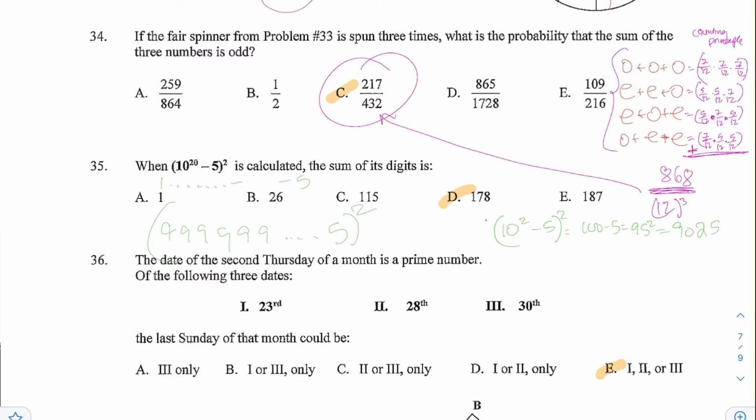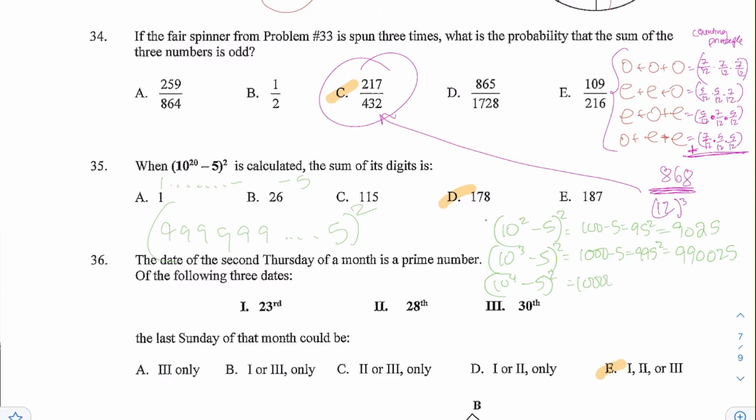that would be 9,025. And then you want to try 10 cubed minus 5 squared, to see if there's a pattern. That is 1,000 minus 5, or 995 squared. And we square 995. That's 990,025. And then let's try 10 to the 4th power minus 5 squared.